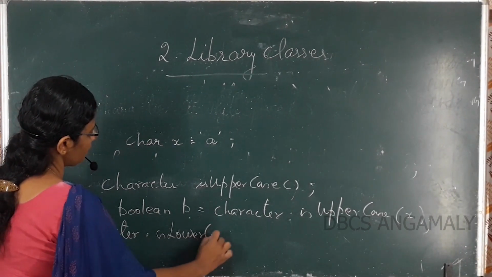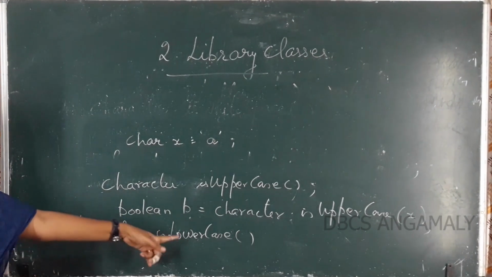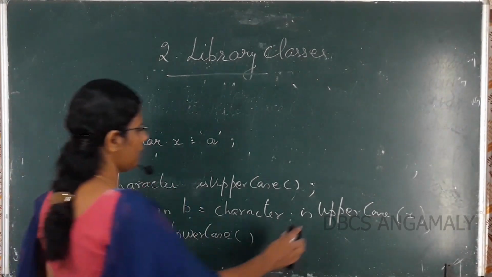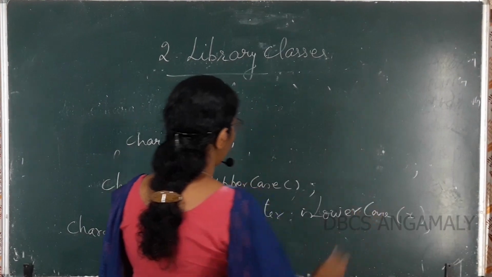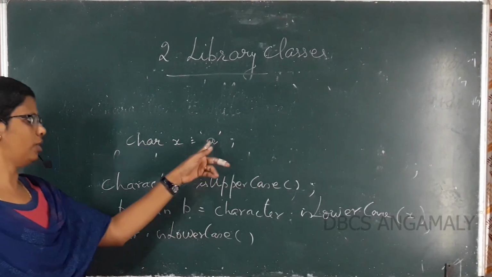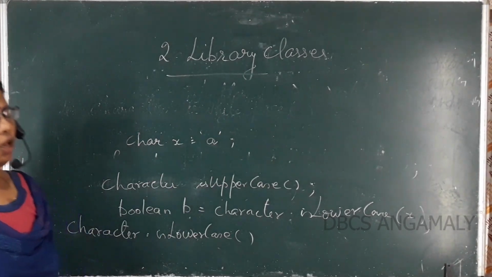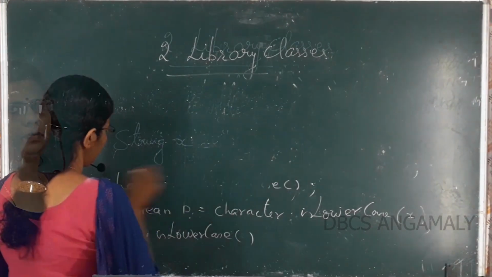I hope you understand this. When we have learnt uppercase, you know what lowercase is. Lowercase means it is in small letters. Now if I run this for x, if I write isLowerCase, your boolean b will return true because your a is in small letters. So all these are very simple functions which will help you when you are writing code.